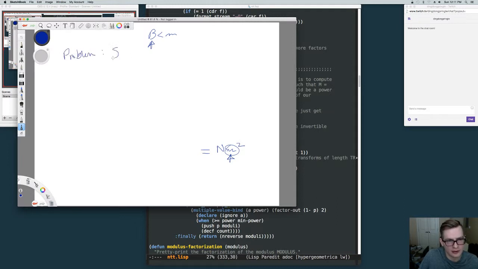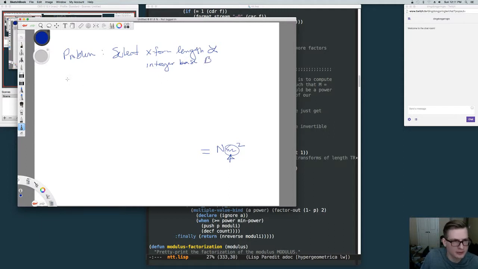We need to select our transform length, let's say capital L, and we also need to select our numerical base, our integer base, capital B.